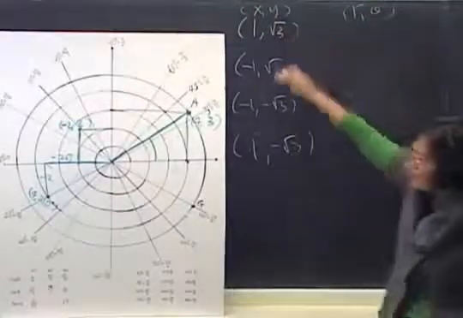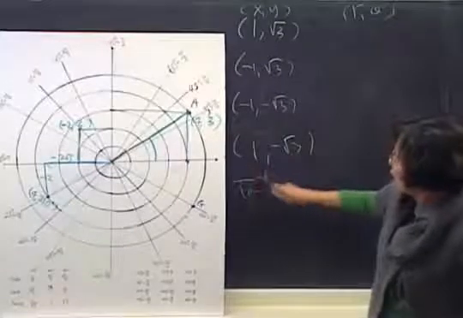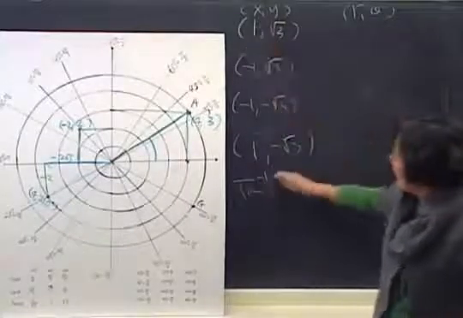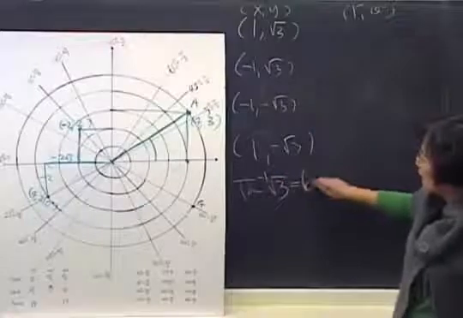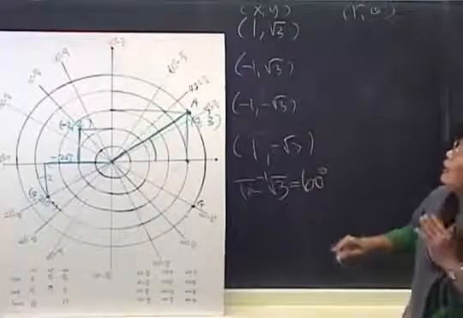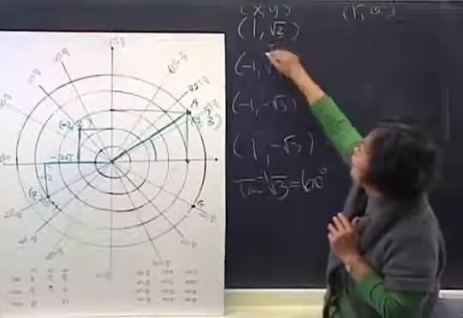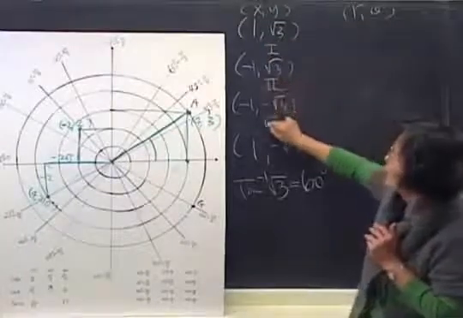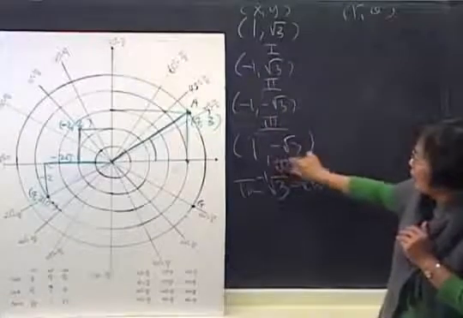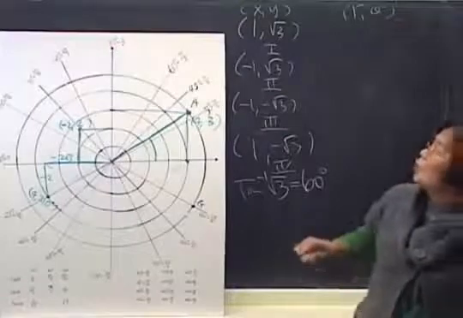All of them have the same arctangent, rise over run, √3, which is 60 degrees. So all of them have a 60 degree reference angle. One is in quadrant 1, one in quadrant 2, one in quadrant 3, and one in quadrant 4. When you write it, you only need to figure out what your r is.